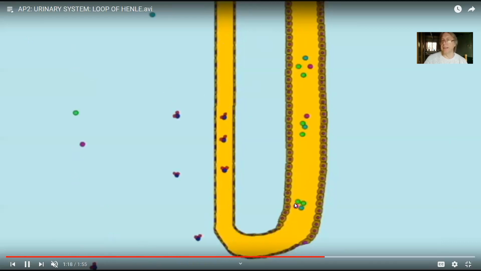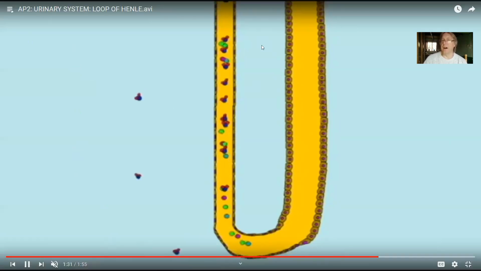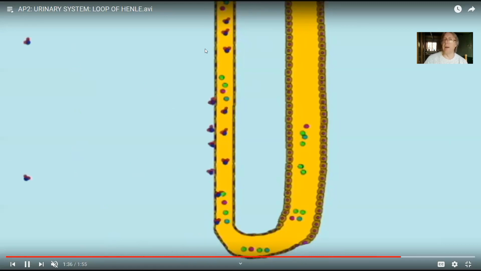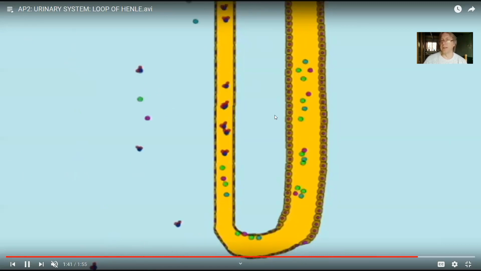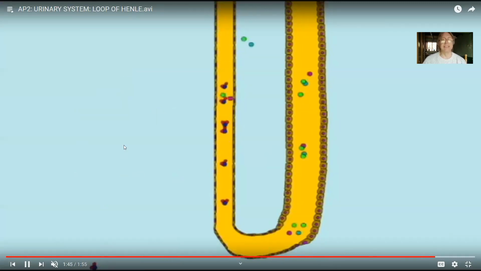And so the reason that the loop of Henle exists is that it is an adaptation for life on land, in terrestrial environments where water needs to be conserved, because each half of this loop of Henle helps transport something out of the opposite half. This is far more efficient than if it were a straight line, because these fluids are moving in opposite directions. This is an example of what is known as a countercurrent exchange.